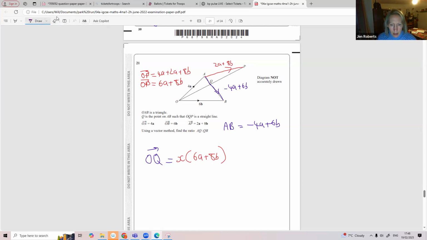I don't know if you can see this, but O to Q is O to A plus A to Q. O to A is 4A. A to Q is part way along A to B. So now I have two separate vector forms for OQ. I'm going to put them equal to each other because OQ equals OQ.